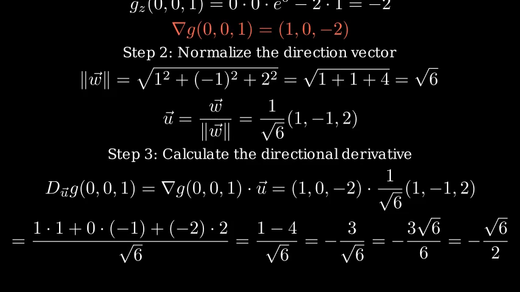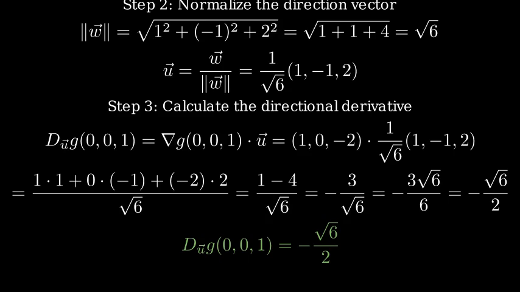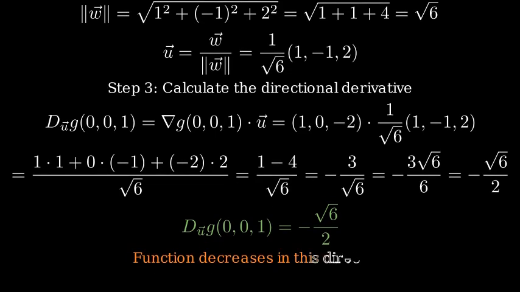That equals 1 minus 4 divided by the square root of 6, which is minus 3 divided by the square root of 6, or negative 3 times the square root of 6 divided by 6, which is negative square root of 6 divided by 2. So the directional derivative at 0, 0, 1 in the direction of 1, minus 1, 2 is negative square root of 6 divided by 2. Since this is negative, it means the function decreases when moving in the direction of vector w from the point 0, 0, 1.